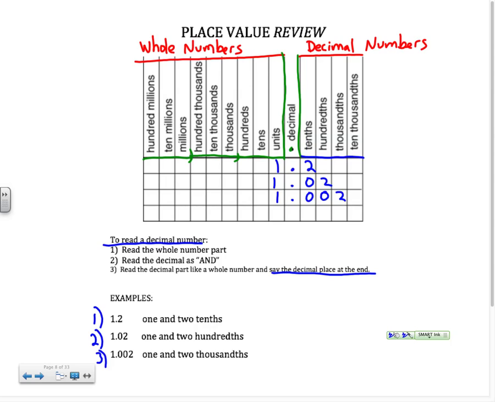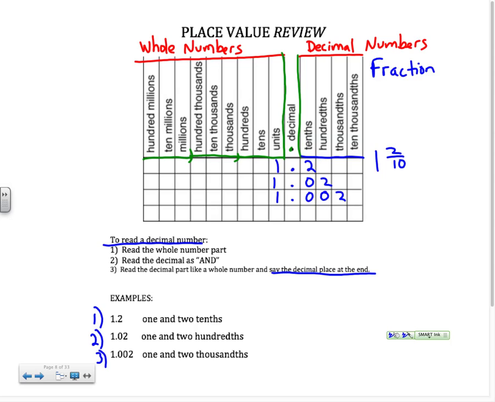Now, if we wanted to compare them by size, I can always think of them as fractions because really decimal numbers are just a different form of a fraction. So 1 and 2 tenths could look like this, 1 and 2 tenths. Okay, so 1 is the whole number part, 2 is the decimal part, which can also be referred to as a fraction.